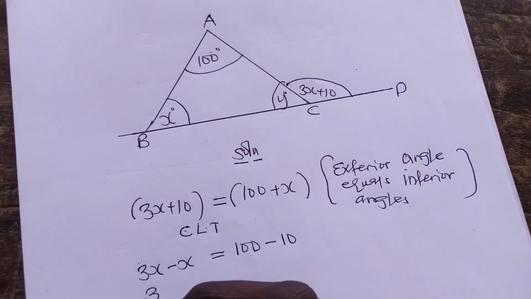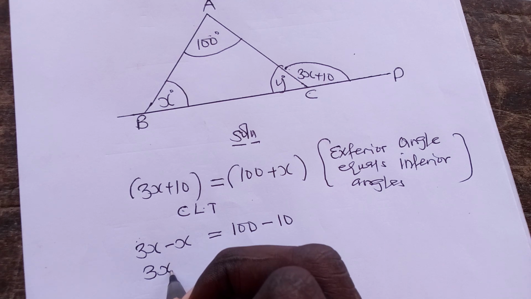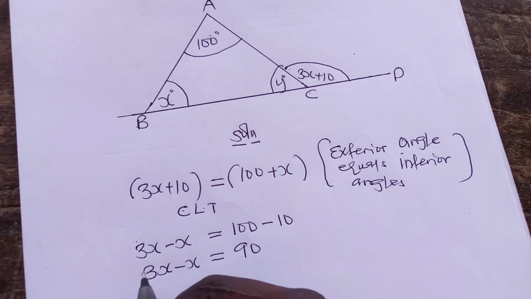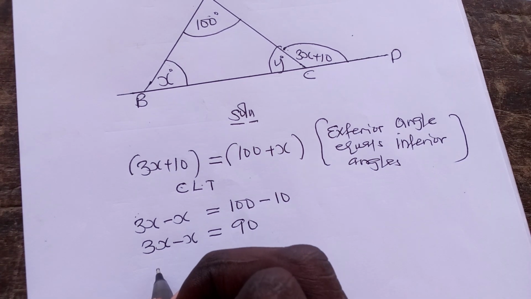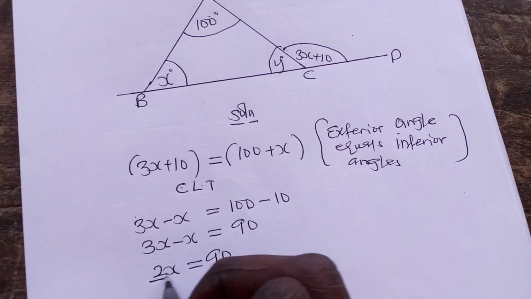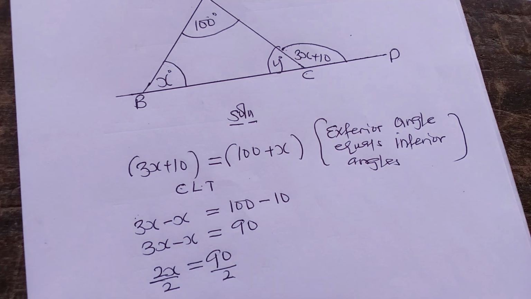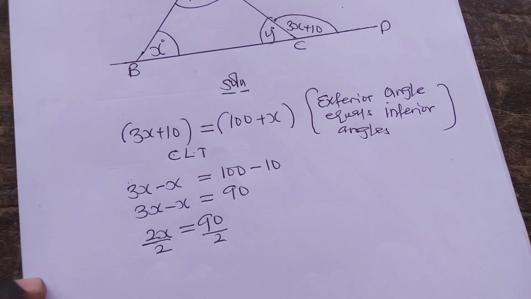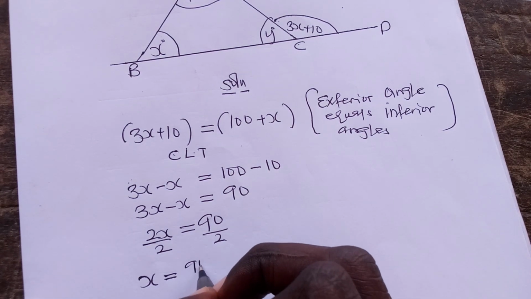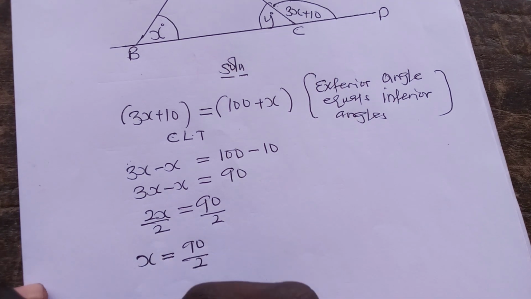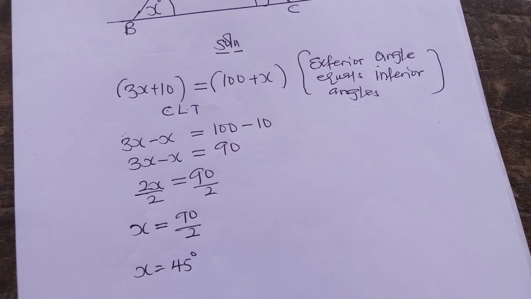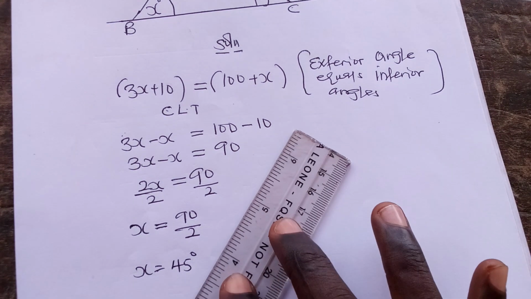Now we have 3x minus x equals 100 minus 10, giving you 90, and 3x minus x gives you 2x equals 90. Now we divide both sides by 2. Why are we dividing both sides by 2? Because we want to find the value of x. Then x becomes 90 divided by 2, which gives you 45 degrees. So the value of x is 45 degrees.